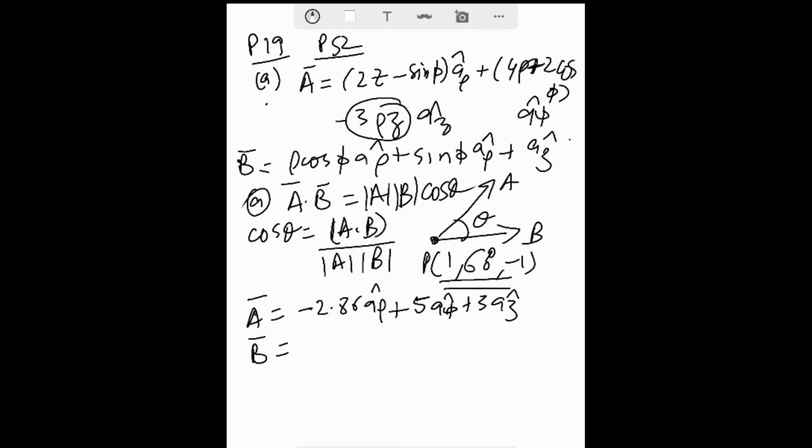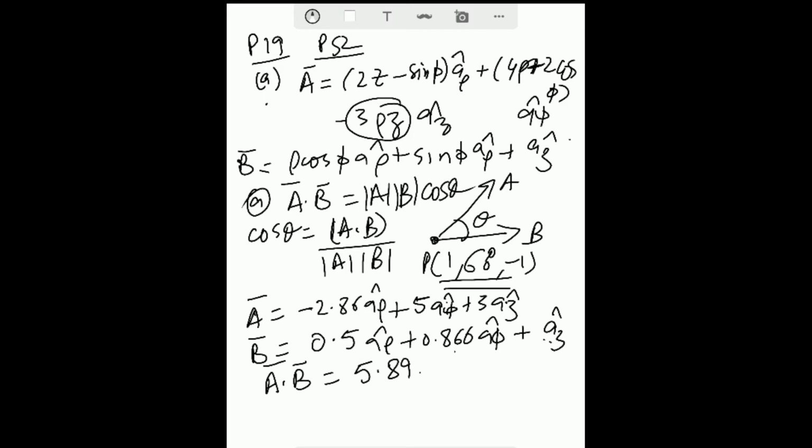Similarly, B is equal to rho cosine phi, and phi here is 60 degrees, so this is 0.5, so 0.5 a rho plus 0.866 a phi plus az, and then I can just simply calculate A dot B, which is a rho multiplied by a rho, a phi multiplied by a phi, and az multiplied by az components. And if we do that, it comes out to be 5.89.